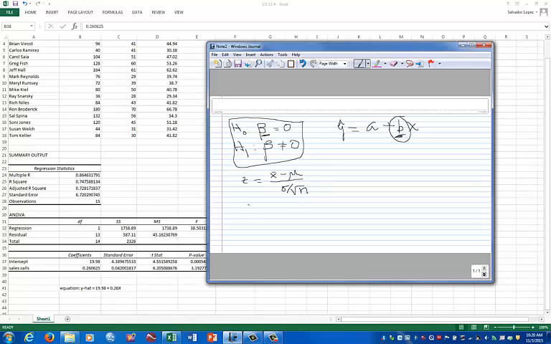And if we did not know sigma, then the formula is x bar minus mu divided by s over the square root of n. And this value of mu is the value of mu with the equal sign in the null hypothesis.